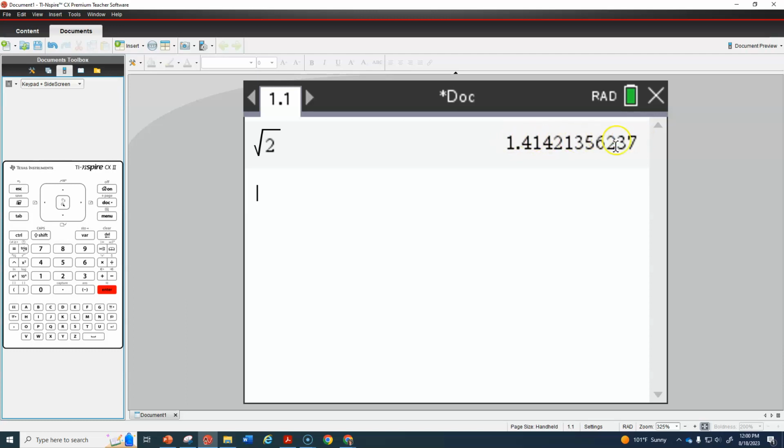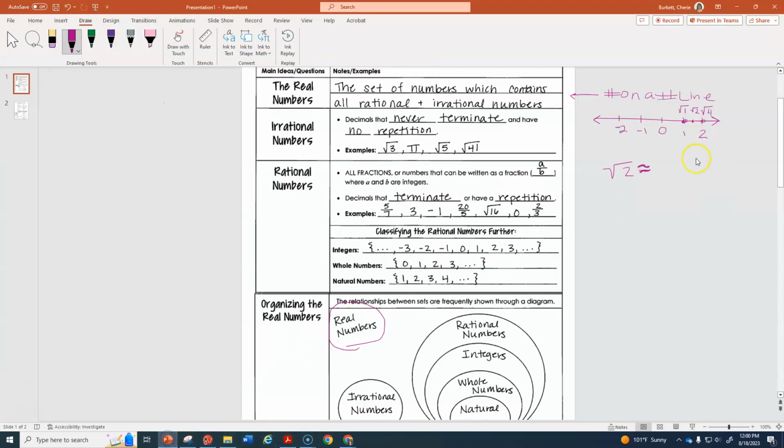It's not able to show them all. So I would write down a little wavy equal sign, and that would be 1.41. That would probably be enough decimals. So it's going to be located somewhere between 1 and 2 at about a little bit less than 1.5.